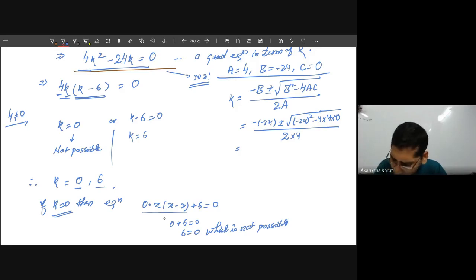So it becomes plus 24 from this minus B, but plus minus, it is under root of what? It is under root of minus 24 square. Or many a time we just write 24 square. You will get that both results give the same answer. So don't worry about that.